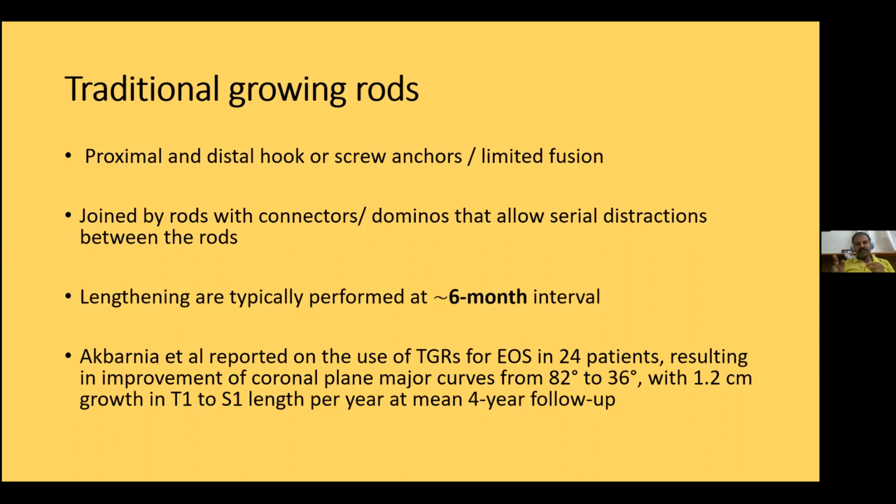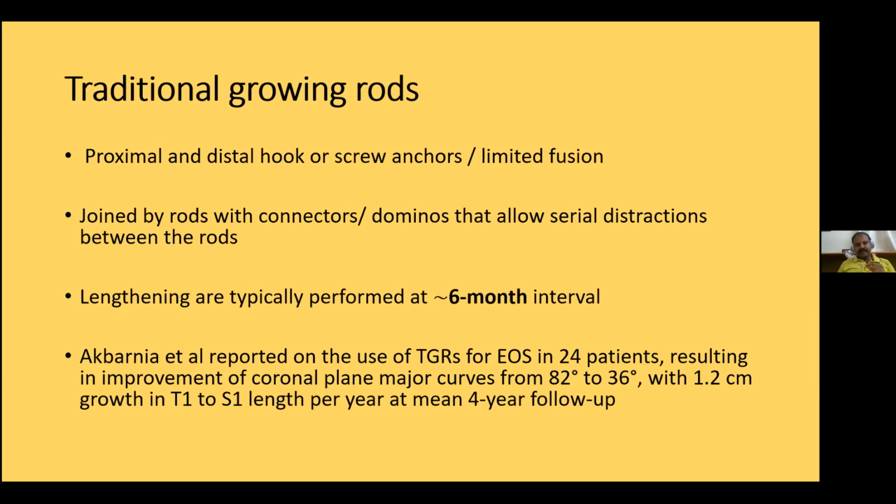the limited fusion at the level of the anchors where you put the screws or the hooks, you fuse that area and start distracting them. Then you connect the rods with connectors, or what we call dominoes, which we have end to end or side to side. Then typically you lengthen every 6 months.